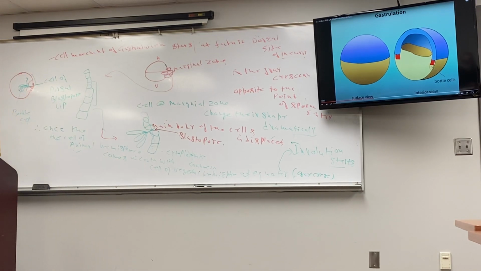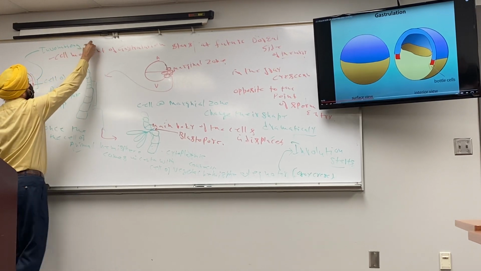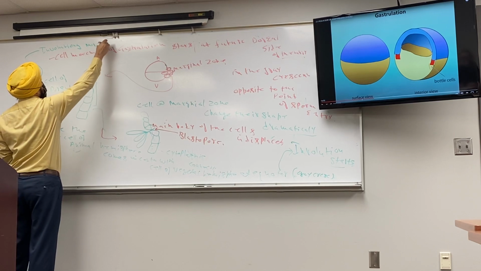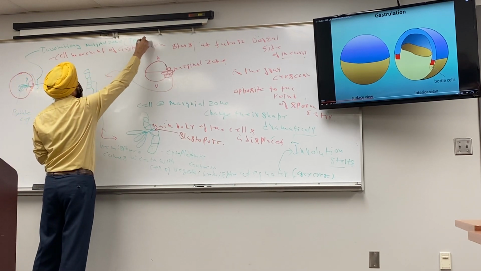Okay. Now what is happening? These cells are involuting, migrating in. So this area where the involution is taking place is called the involuting marginal zone, also called IMZ.